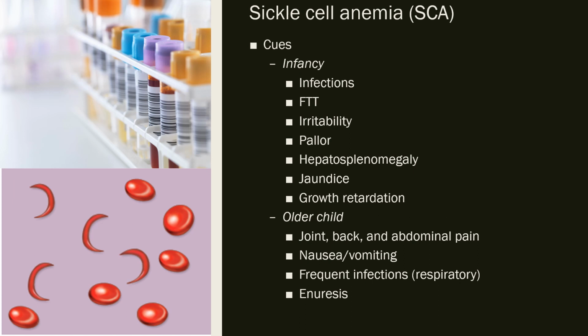So this can occur all the way through adulthood. Please remember that every area of the body can be involved with sickle cell. There's going to be swelling in the soft tissues, possibly the organs, and joint swelling, and all of this is going to lead to pain.